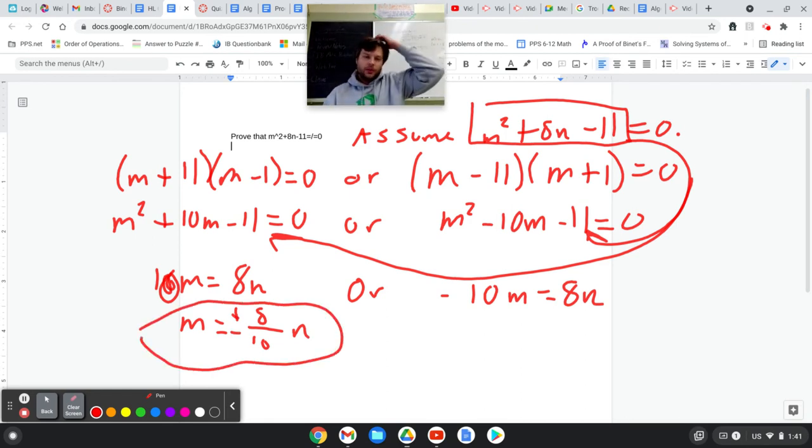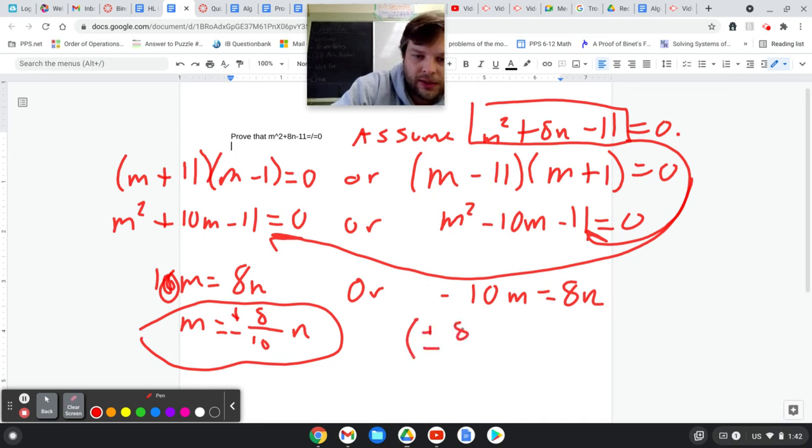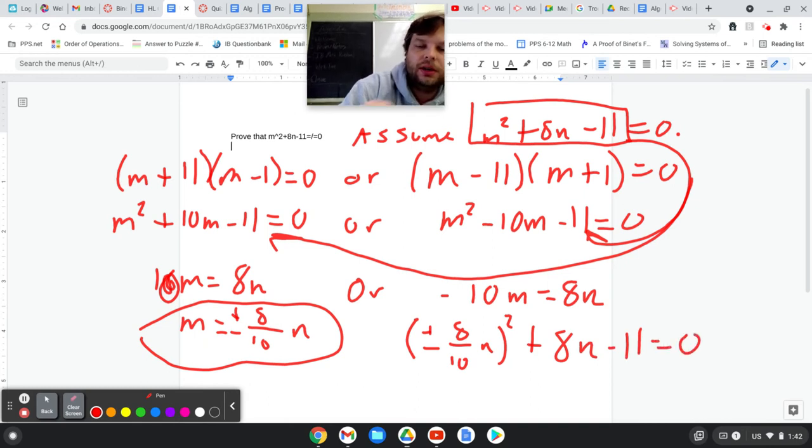Then what you can do is use that substitution to rewrite the original problem all in terms of n, or vice versa. You could rewrite the original problem all in terms of m. So if we substitute in the 8 over 10, so we know that m is equal to that, I can write plus or minus 8 over 10n squared plus 8n minus 11 equals 0.